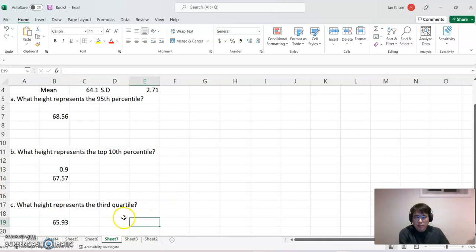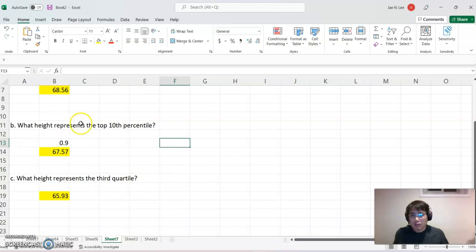So the C answer becomes 65.93. That's the answer for this problem. Okay. So I'm going to highlight it for you so you can see the answer clearly.